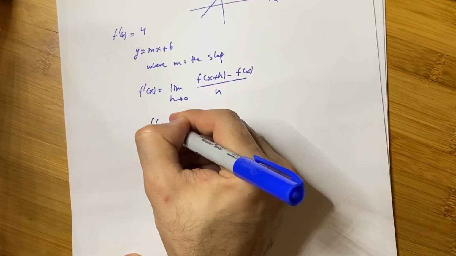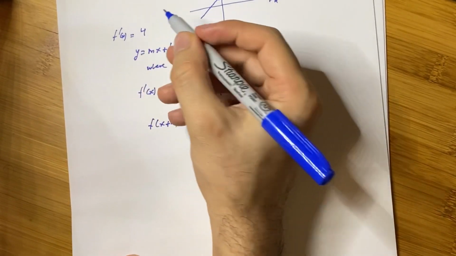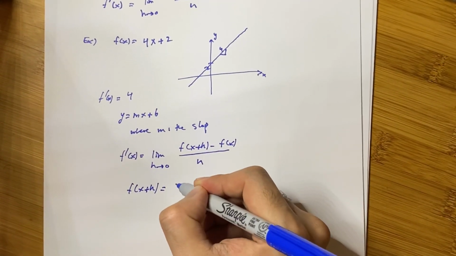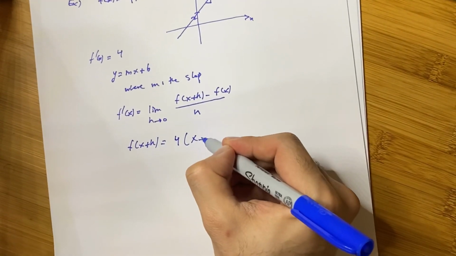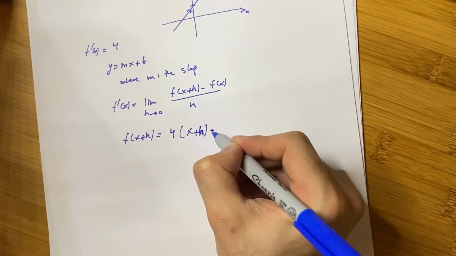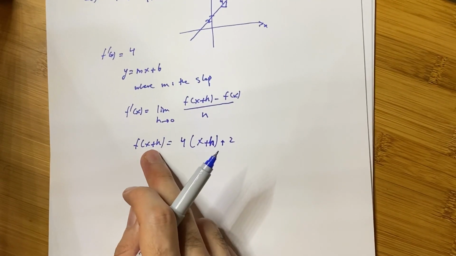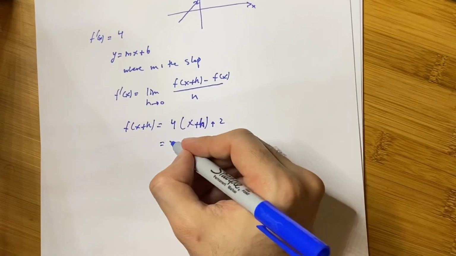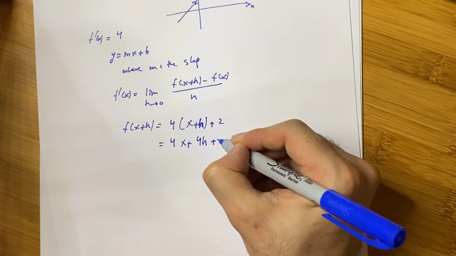Let's find first f of x plus h, this term here. When we take this function, it's going to be 4 times x plus h, plus 2. That's our function here, but we substitute x with x plus h. When we expand, it will be 4x plus 4h plus 2.